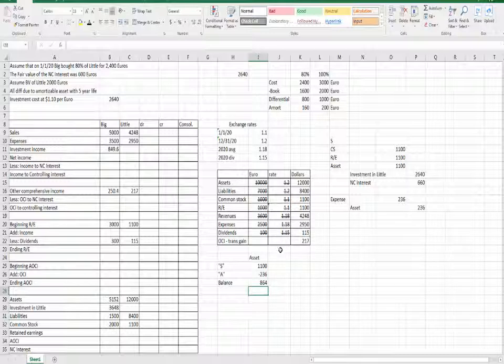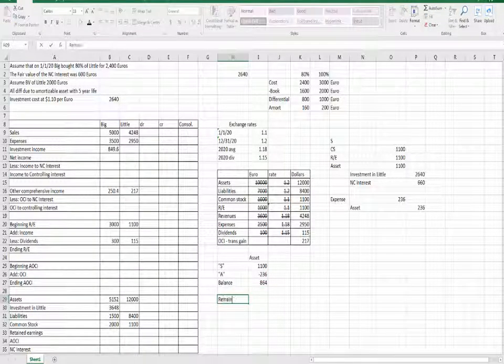Now, we measure our differential in terms of euros. At this point, we began the year with a 1,000 euro differential. We amortized 200 of that, and so there's 800 euros left. The remaining differential is 800 euros, and this is going to be the end of year asset value of that differential asset.